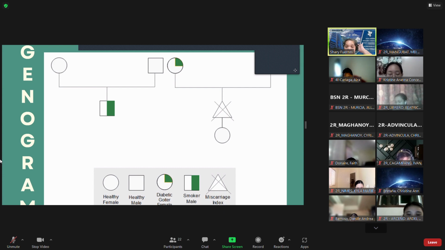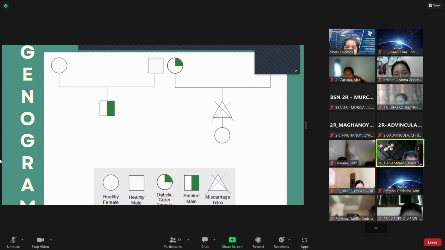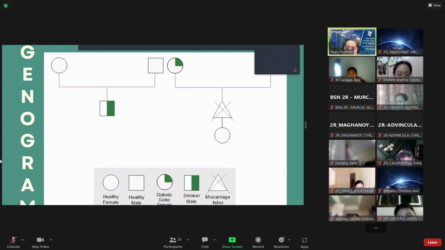So the mother of the pregnant woman has diabetes and has goiter. How about the lolo and the lola? How about the siblings? The parents? Wala siya na-include, ma'am, ang grandparents. Oh, so can you tell us about the other generation?